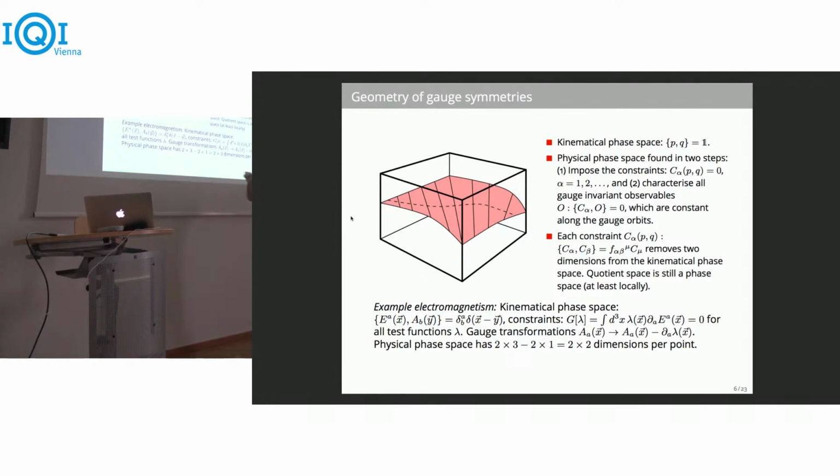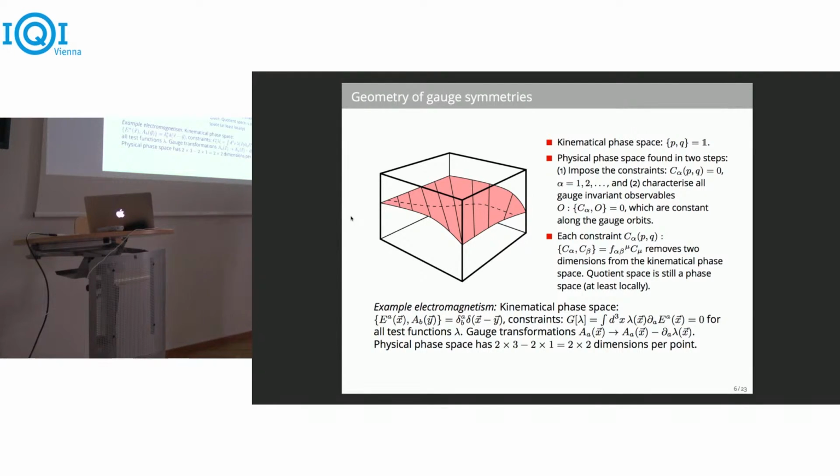And observables are these quantities that Poisson commute with the constraints, that are invariant under the transformations that are generated by the gauge symmetries. In other words, we are interested in functions that are constant along the gauge orbits. And that means that each gauge orbit actually represents a physical state.